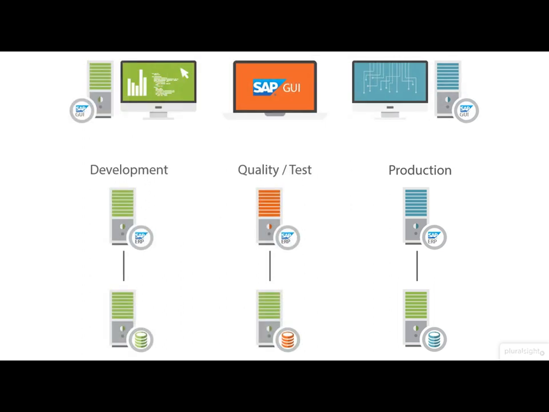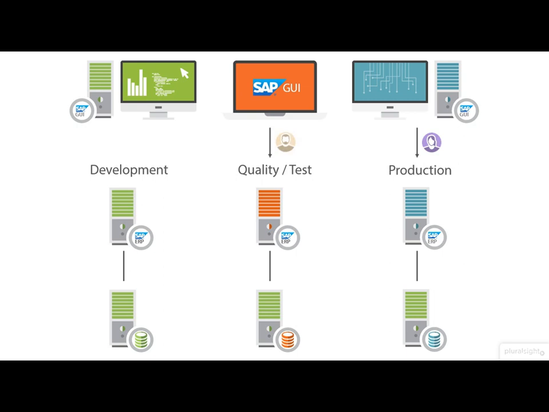So once again, why do we need three different instances of the same system? Well, enabling the users to develop, test, learn and run productive business activities at the same time without hurting each other's. For this, let's see an example. It's 10 o'clock in the morning right now. Jess from finance is running a few business transactions through her SAP GUI in the productive system.